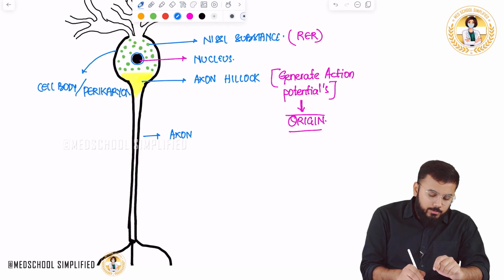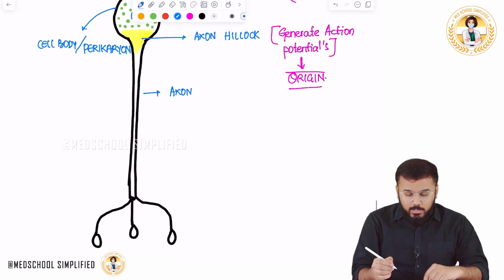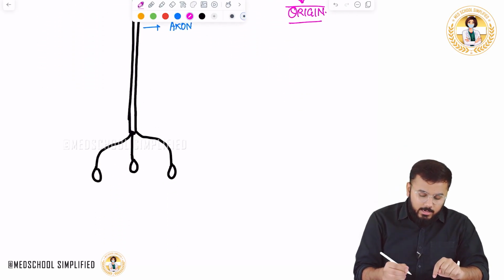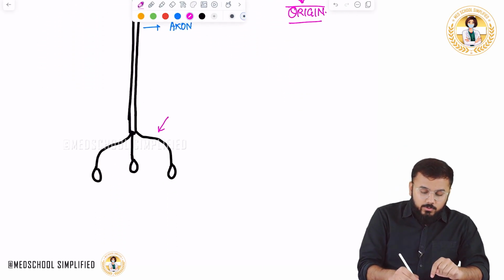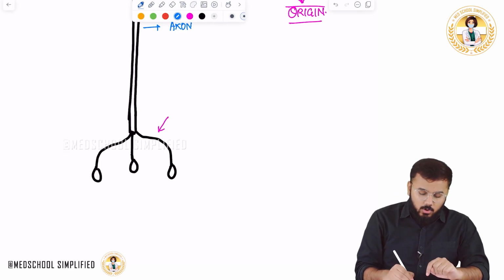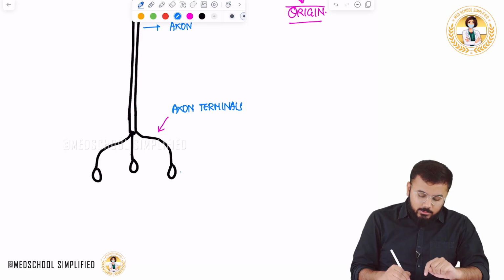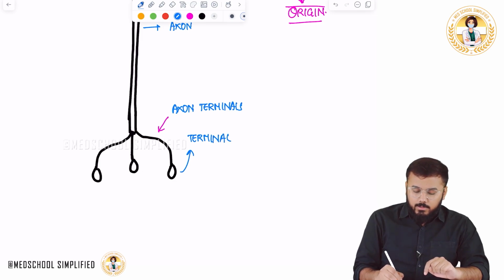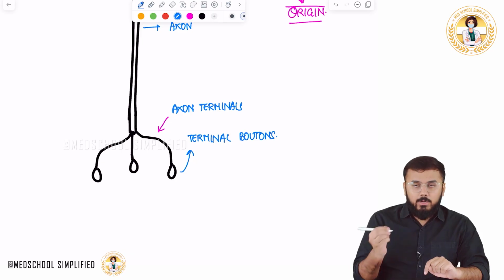Next, these structures over here are called axon terminals. The tips of the axon terminals have such processes, which are called terminal buttons.